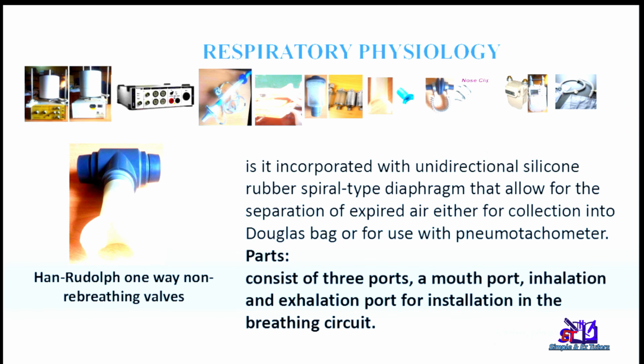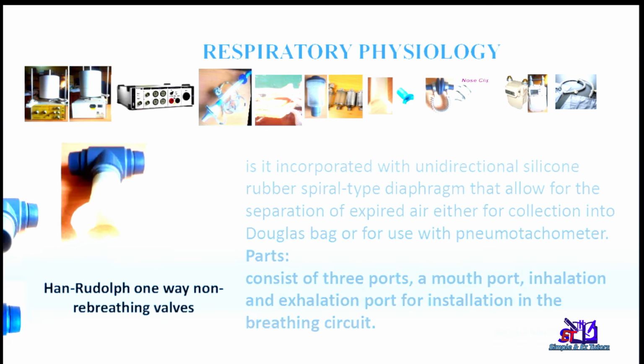The non-rebreathing valve is a special instrument. It is incorporated with a unidirectional silicone rubber spiral type diaphragm that allows for separation of expired air, either for collection into the Douglas bag or for use with the pneumotachometer. It consists of three ports: a mouth port, which connects the subject to the respiratory circuit, the inhalation port, and the exhalation port for installation in the breathing circuit.